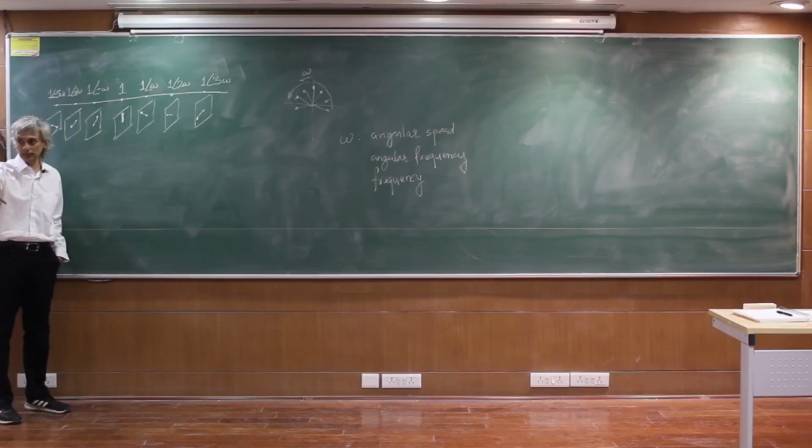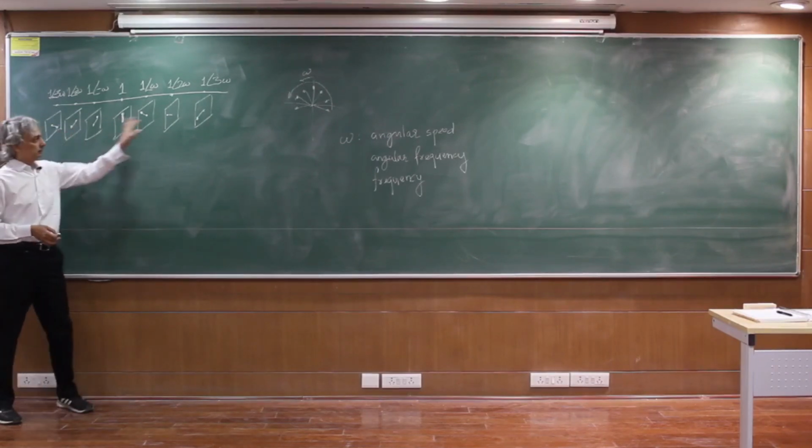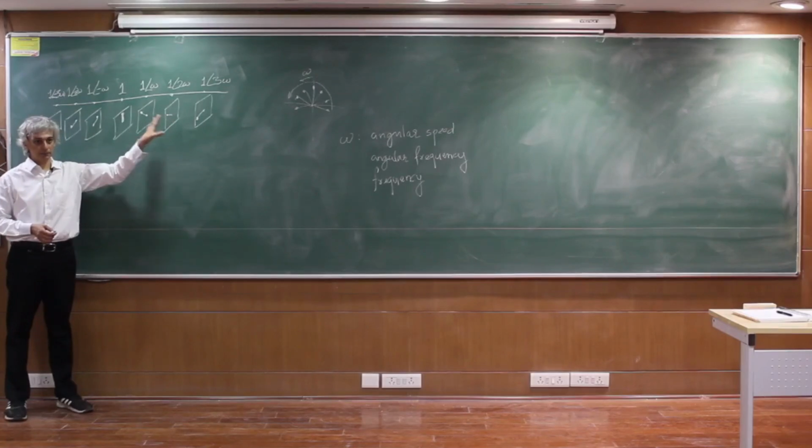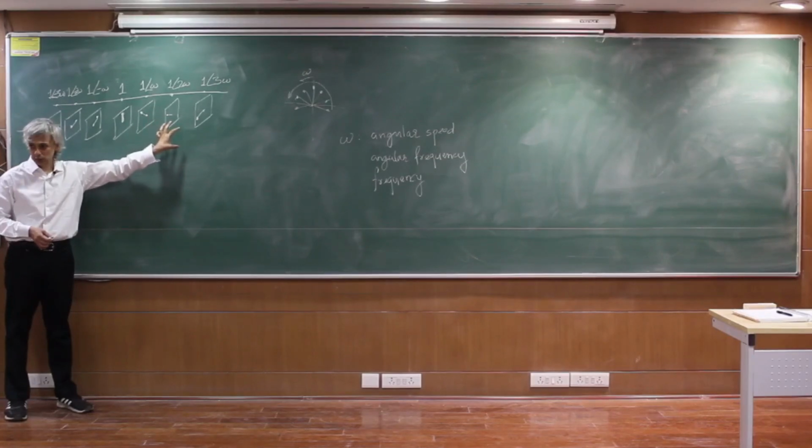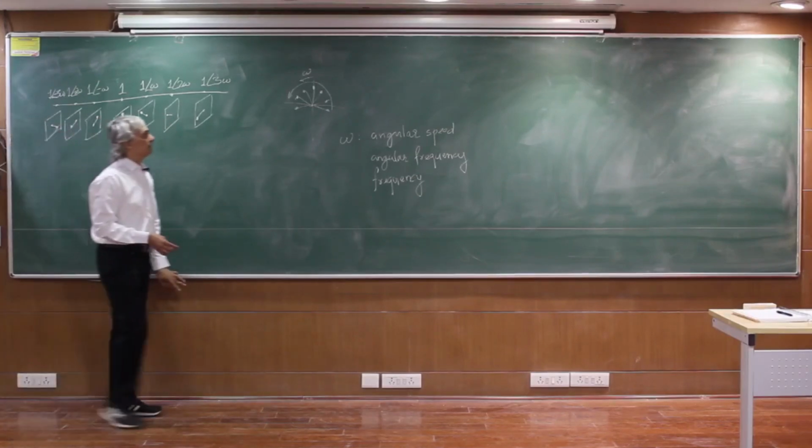What did we study last time? That any such spiral is an eigenvector of any convolution. Remember this?